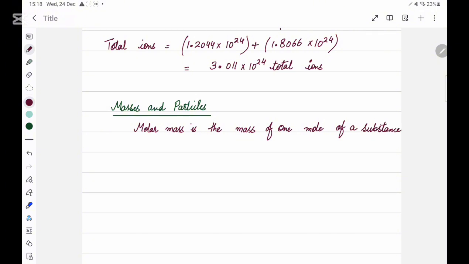We can find molar mass from the periodic table, and the unit of molar mass is gram per mole.